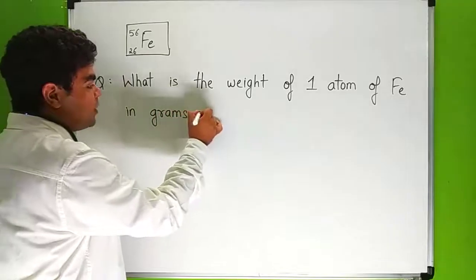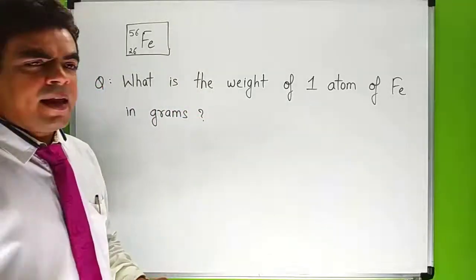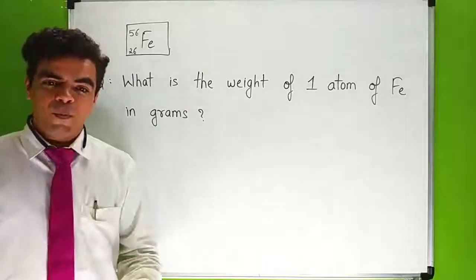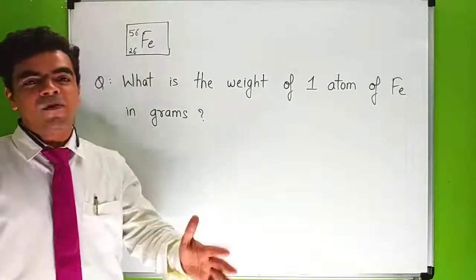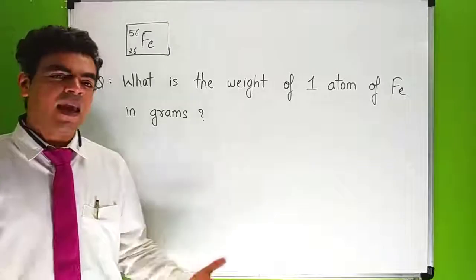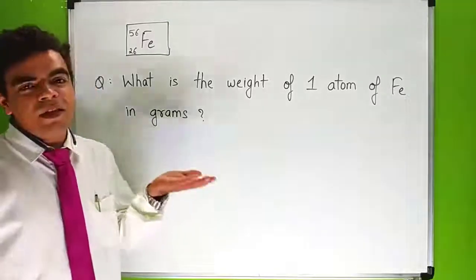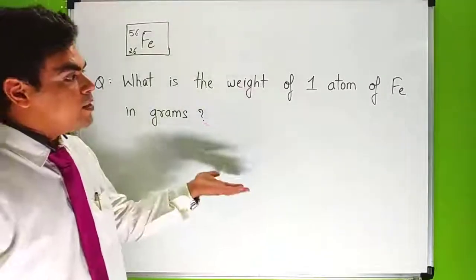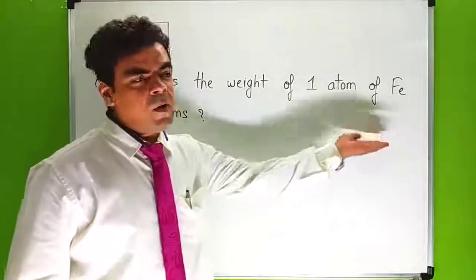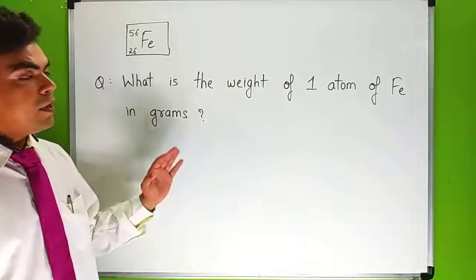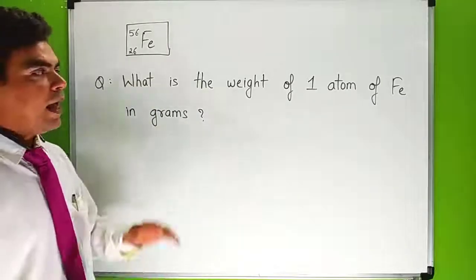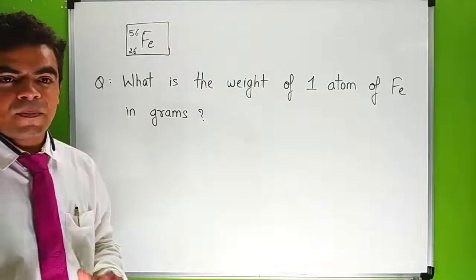So you know what is the weight of one atom of iron in AMU. In terms of AMU, weight of one atom of iron is 56 AMU. But my question to you is, what is the weight of one atom of iron in grams? So now you can think about this question and then look at the solution.